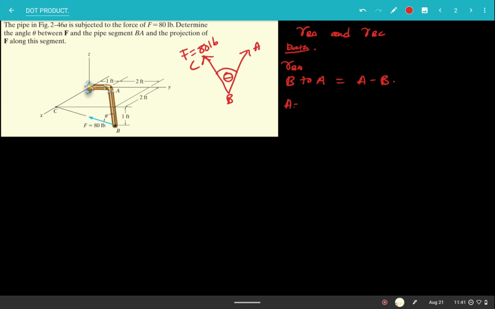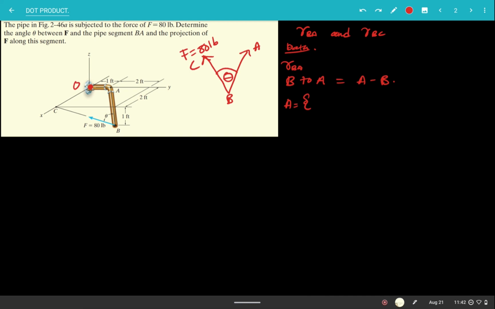So let's start with the position at A. The position at A is simply acting along one point using this point as our reference, because that's the origin. That's where the X, Y, and Z is coming out from. So this means that this is our origin; you can just assume that it's O. Therefore, from the origin to the point where A is acting is along the y-axis only.